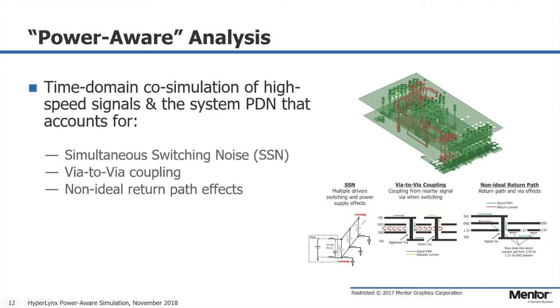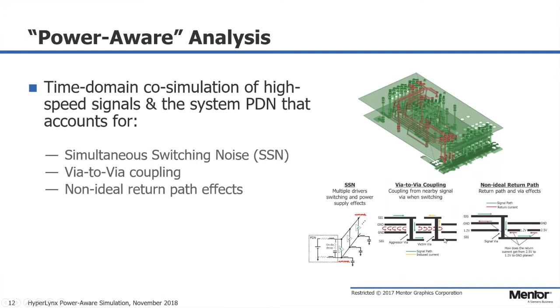They're tightly coupled, and a lot of analysis is done just kind of ignoring these items, maybe some best practices, but with DDR4, that's becoming something that you can't really do without some sort of simulation. So this will incorporate HyperLynx SI as well as HyperLynx PI, the power integrity, so that we can get the power plane and how it's going to react to multiple traces switching at the same time.